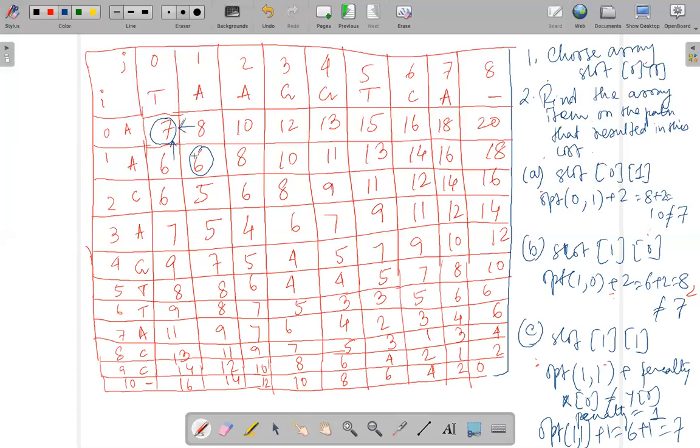In this way you can now keep going backward, and in each step you can try to find from where you got the next number.